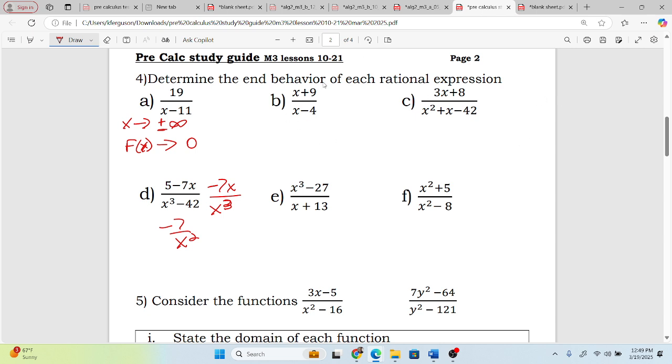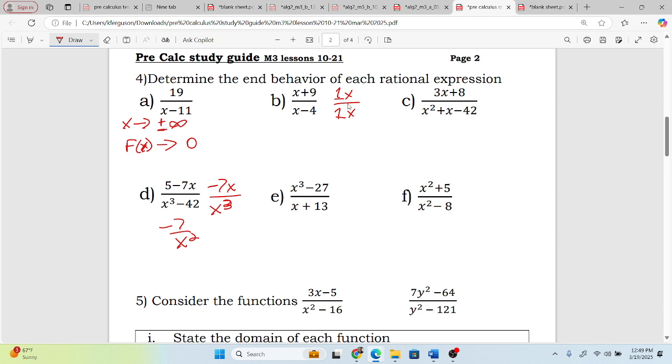So let's look at B. What's the degree of the top? What's the degree of the bottom? x, right? So the degrees are the same. If you look up there, it says when the degrees are equal, you go for the ratio of the coefficients of your two variables. So in this case, it's not really that difficult, because that's 1x over 1x.